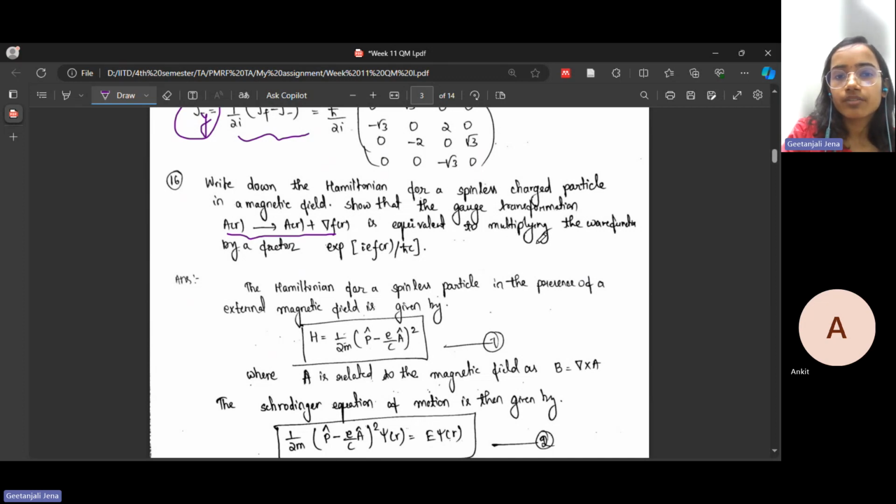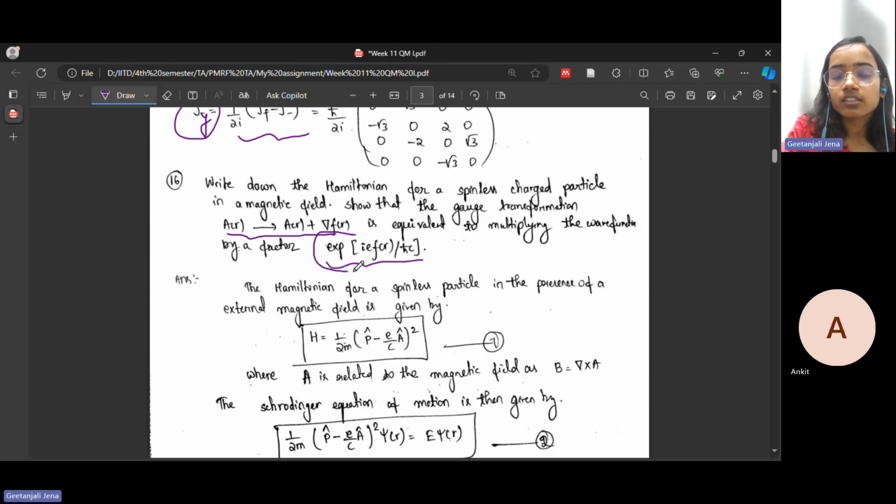is equivalent to multiplying the wave function by a phase factor, exponential i e f(r) by h cut c. So it is asking about the Hamiltonian when a spinless particle is in a magnetic field, and whether, when you do the gauge transformation, the wave function only changes by a phase factor, which is this.